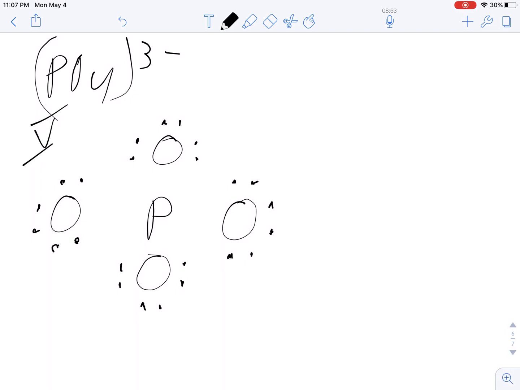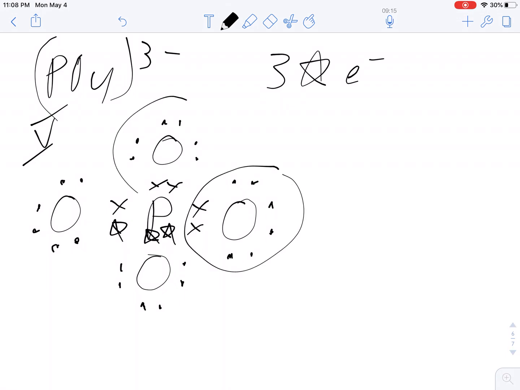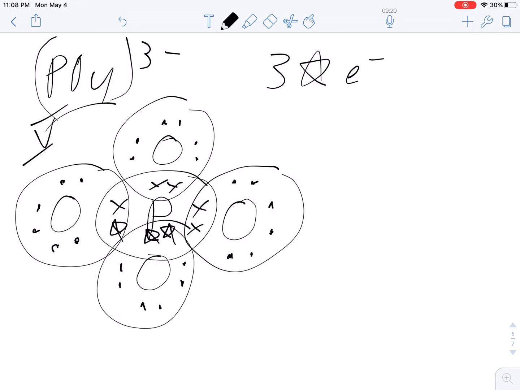I can leave that there. So it starts with 5. And I've got a -3 charge. So that means I get 3 bonus electrons. And I'm going to put them there. And already I can see that I'm going to get 8, 8, 8, 8, 8 with a -3 charge. And I believe everybody is happy.